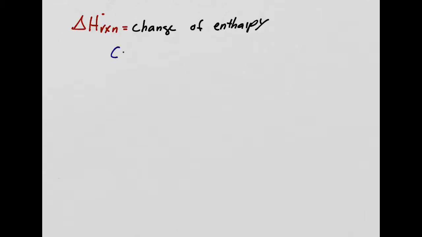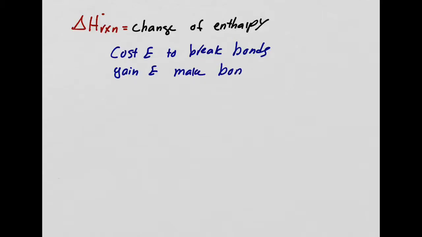It is going to cost energy to break bonds. It costs money to demolish and build a house. You are going to gain energy when you make bonds. You made some money when you sold the house.